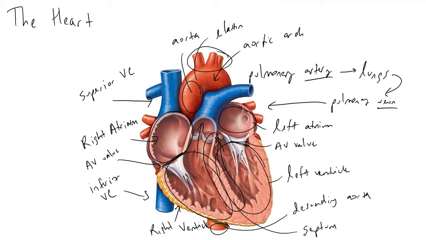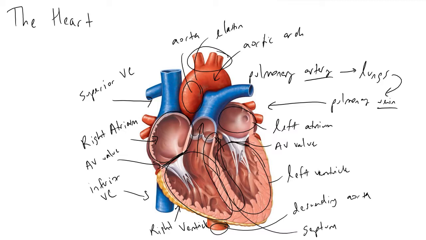And the reason the septum is so important is because it separated the oxygenated from deoxygenated blood within the heart, and this let the heart have a much better performance and allow organisms to have much higher metabolic rates, because you can get a lot more oxygenated blood to more parts of the body more quickly.